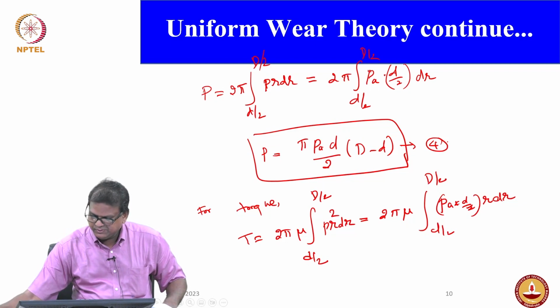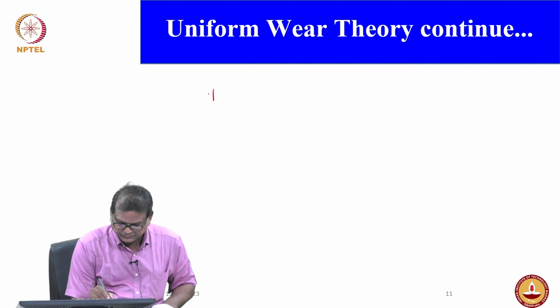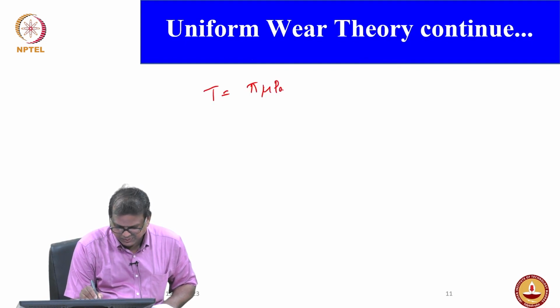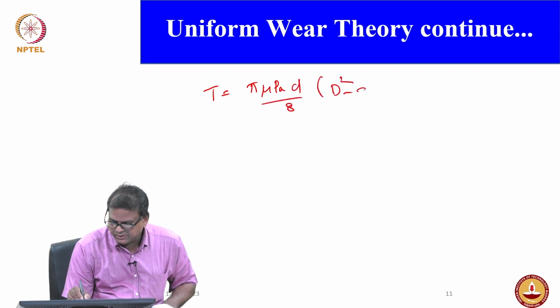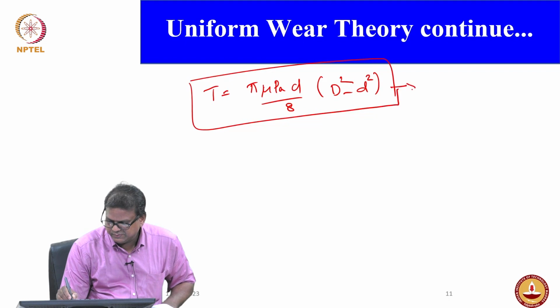So when you substitute, you would expect the equation T equals pi mu p_a d by 8 times d squared, small d squared. This is equation number 5.